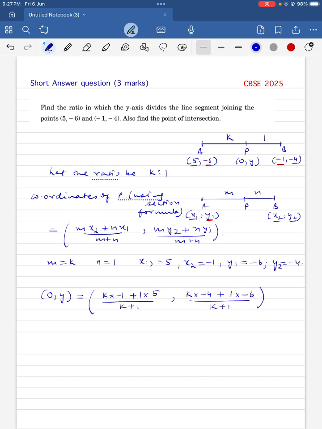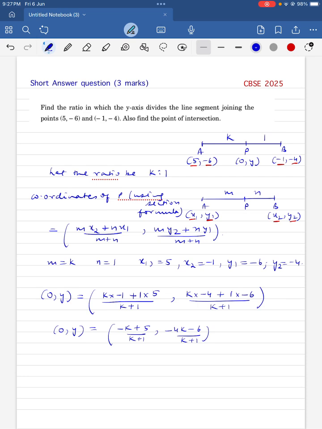Okay, so this is equal to (-k + 5)/(k + 1), comma, (-4k - 6)/(k + 1). And we know this is equal to (0, y). Okay, now let me equate the x coordinates together.